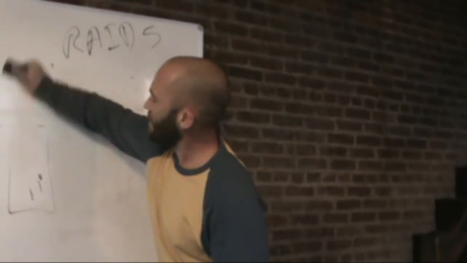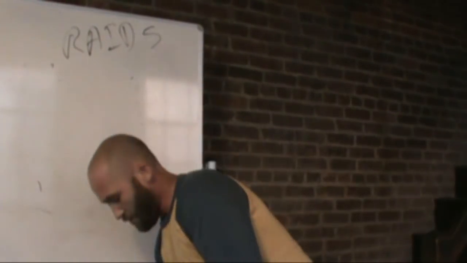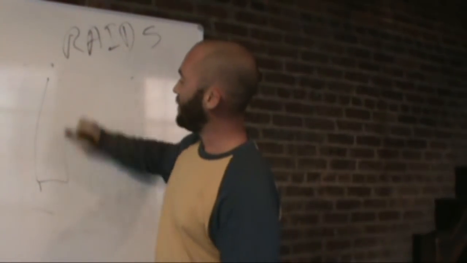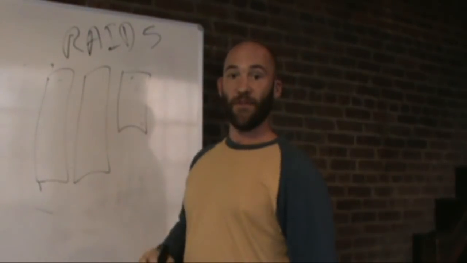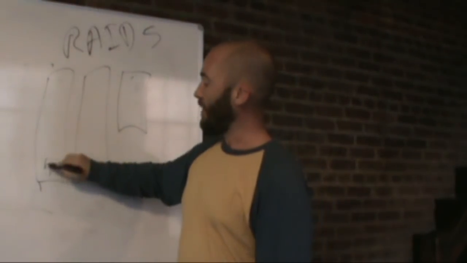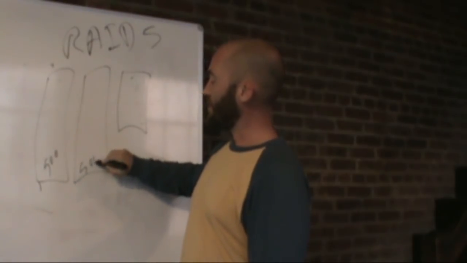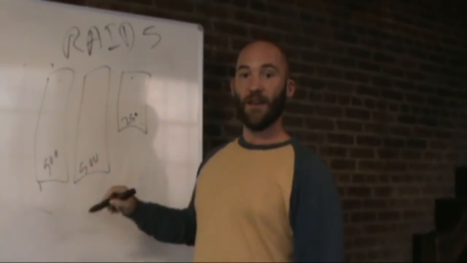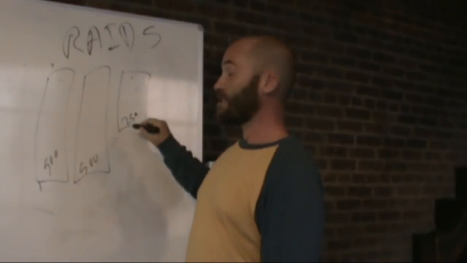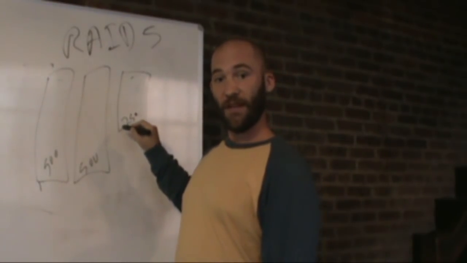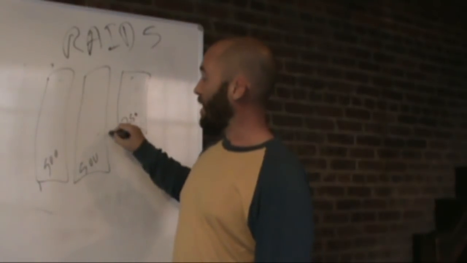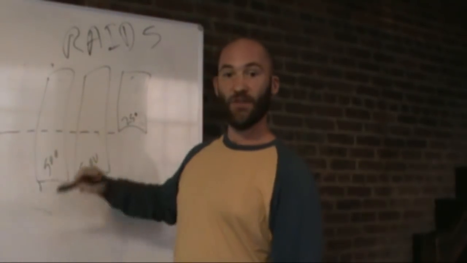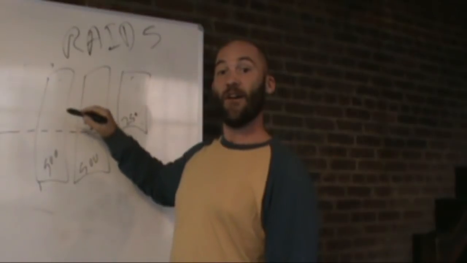So let's say we have two 500 gigabyte hard drives and one 250 gigabyte hard drive. So 500, 500, 250. In this instance, the smallest hard drive is 250. So these two 500 gigabyte hard drives, you can only allocate 250 gigabytes from each.